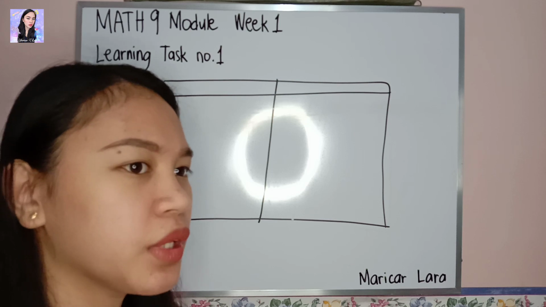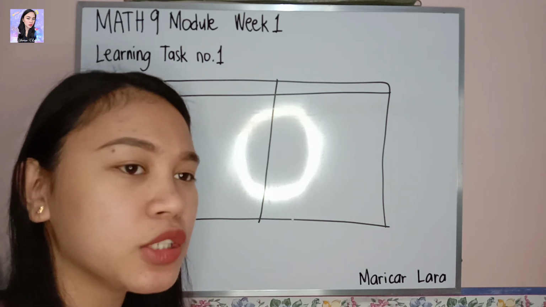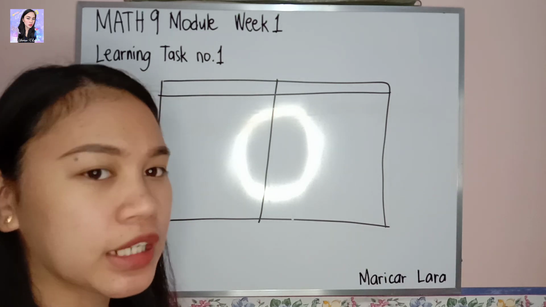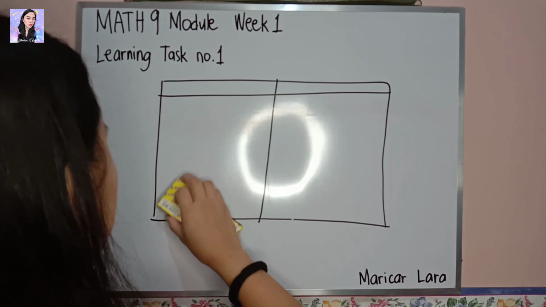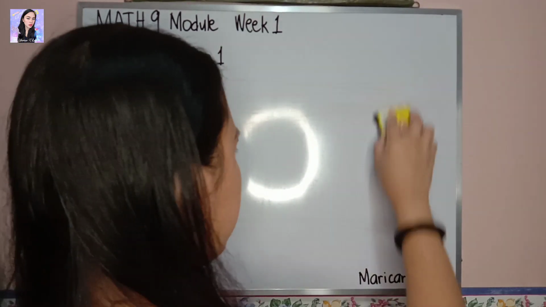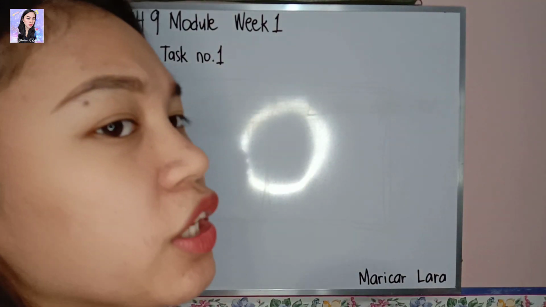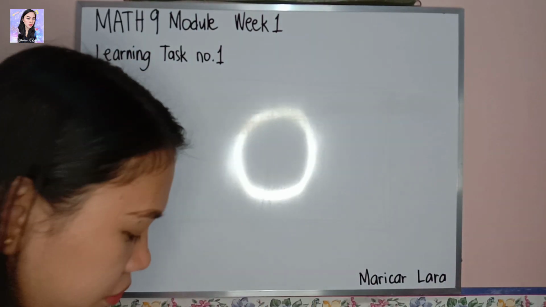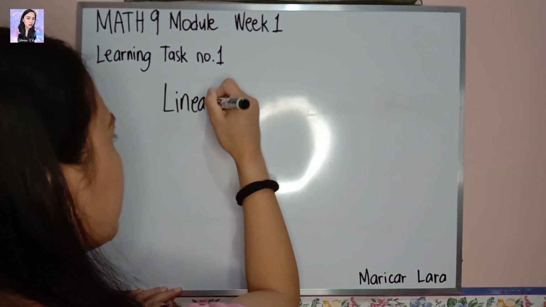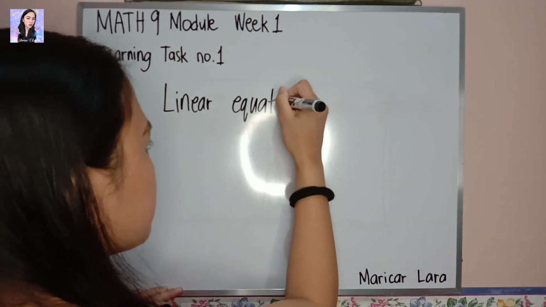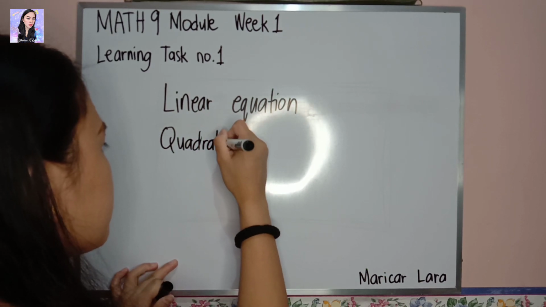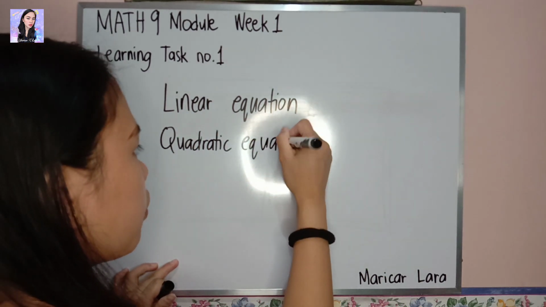So, if you will observe, their common property is the degree of the equation, the degree of term of the equation. So, what are those degrees? So, we have what we call linear equation and quadratic equation.